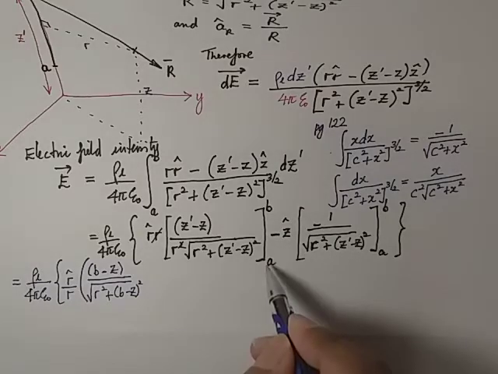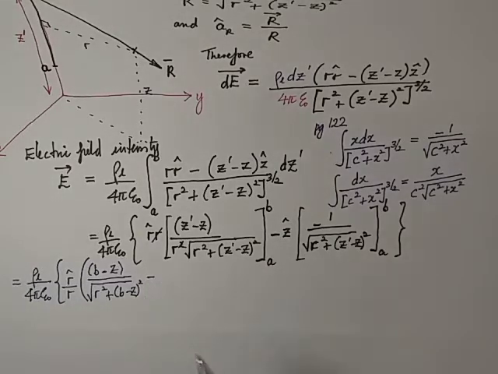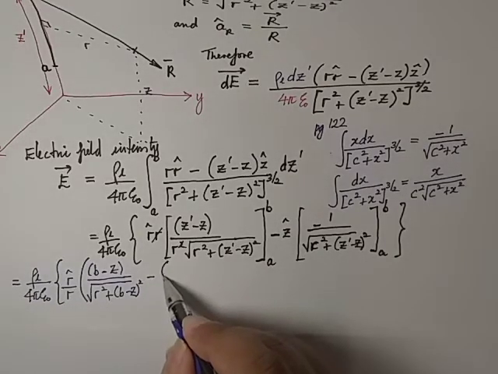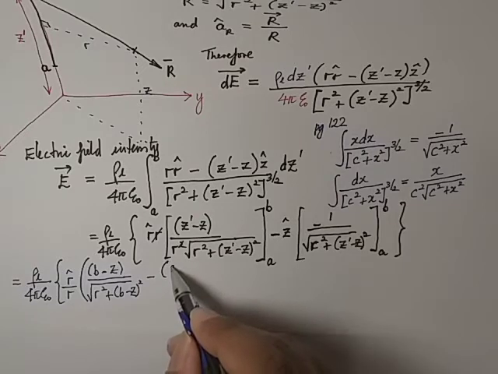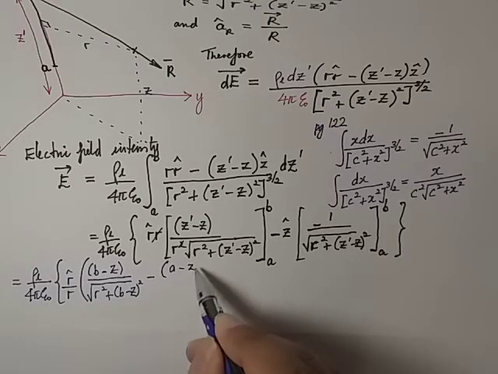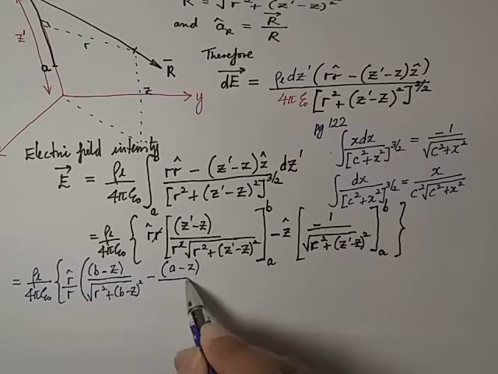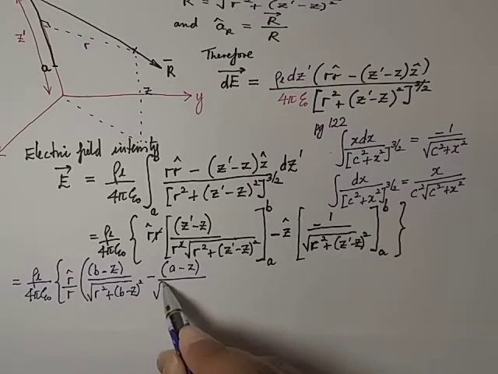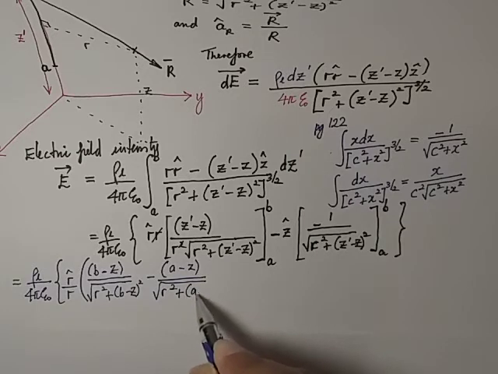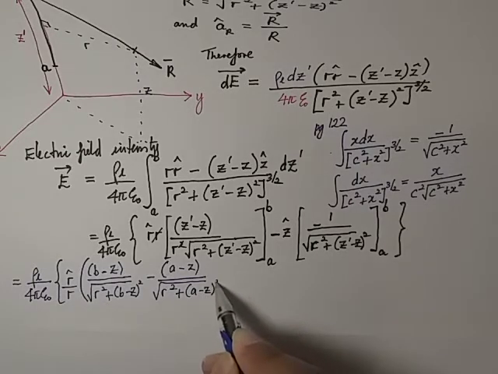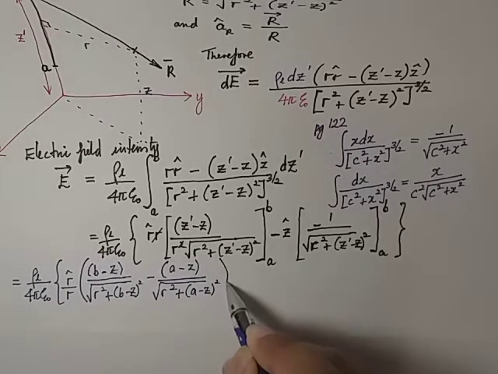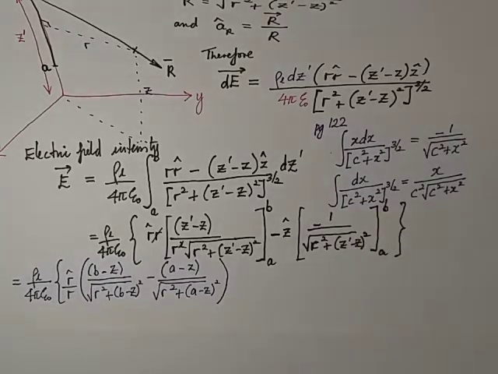Then I'm going to substitute with the A. I'm going to minus again. So I'm going to substitute Z prime with the A. So A minus Z. I'm going to divide everything now with R squared plus A minus Z squared. I'm going to close the first substitution of R component.